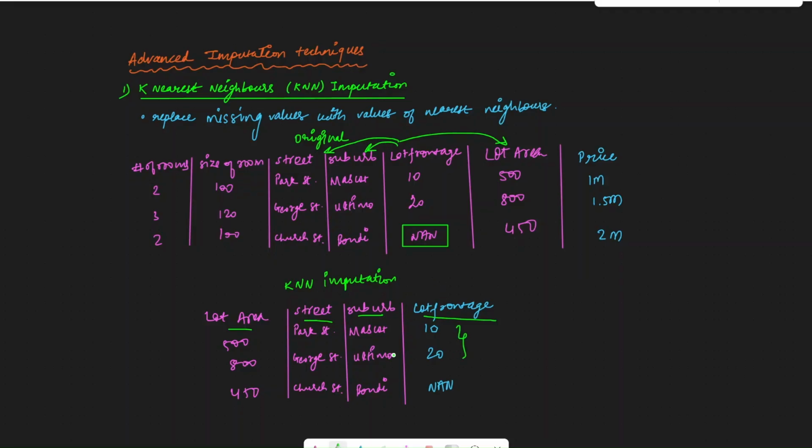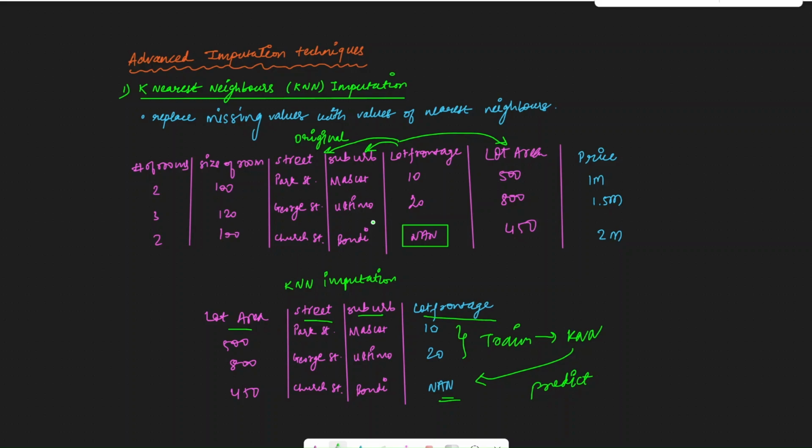For all the rows where we have lot frontage present, we are going to treat these as the training data set, and then we are going to train our KNN model on this training data set. When we are happy with the accuracy of this model, we're going to use it to predict for those rows where lot frontage is missing.